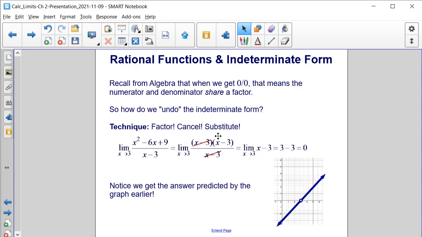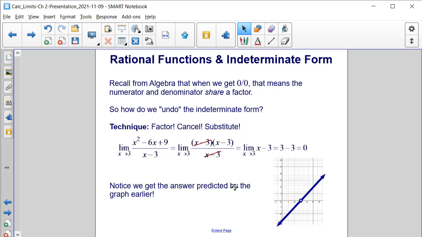We can cancel out the common factor of x minus 3, and then we can substitute the value that x is approaching directly into the simplified function and evaluate it. So we would get 3 minus 3, which equals 0.